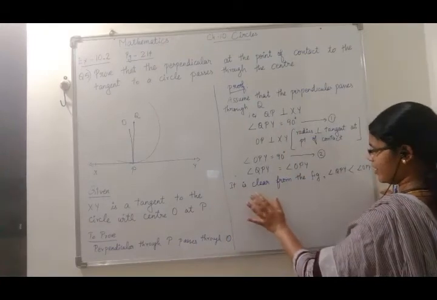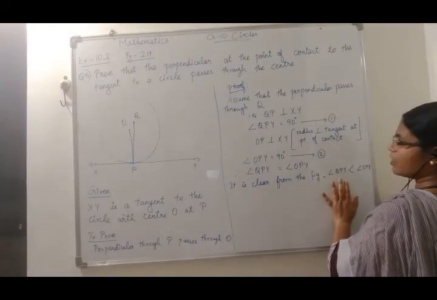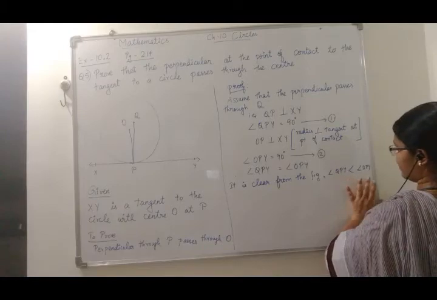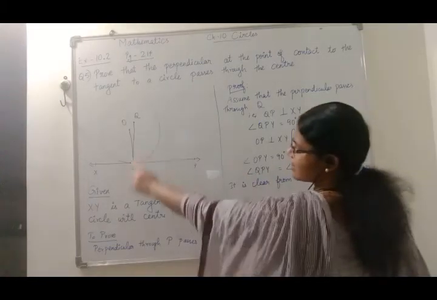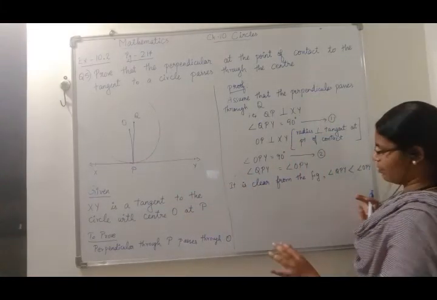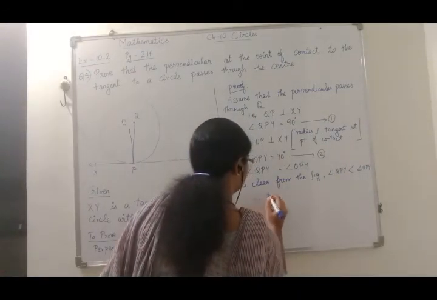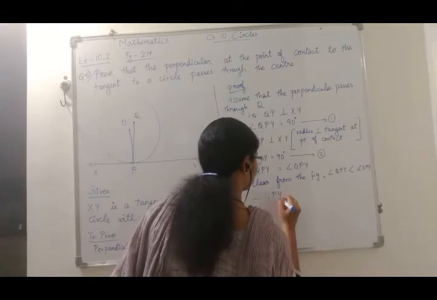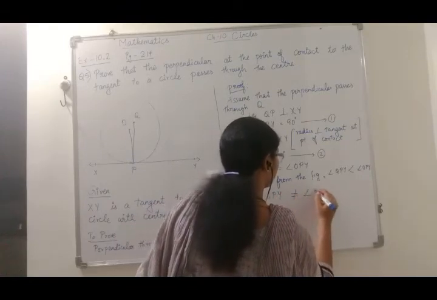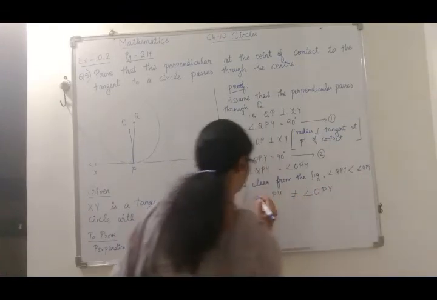So it is clear from the figure that angle QPY is less than angle OPY, isn't it? So that means what? Angle QPY is definitely not equal to angle OPY.